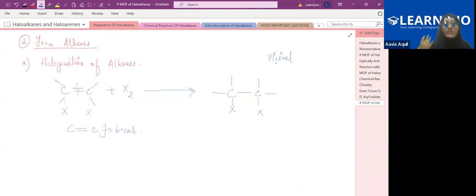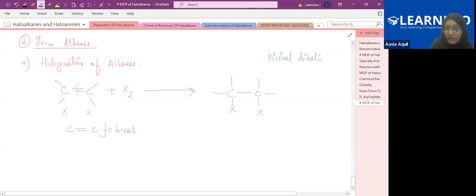Now the question is, what is vicinal dihalide? When two halogen atoms are present on adjacent, neighboring carbons, this type of molecule or halide is known as vicinal dihalide.